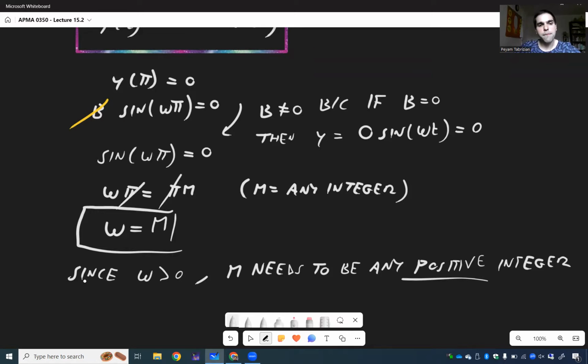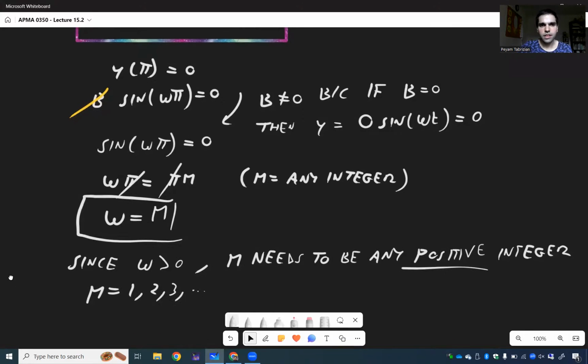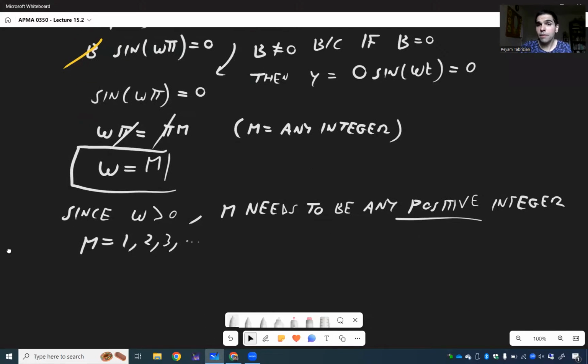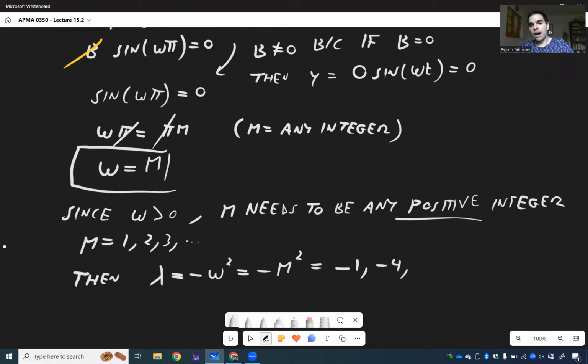So really, m is 1, 2, 3, and going back to our problem, which values of lambda work? Well, in that case, if omega is any positive integer, lambda, which is minus omega squared, becomes minus the square of any positive integer. So really, -1, -4, -9, etc.